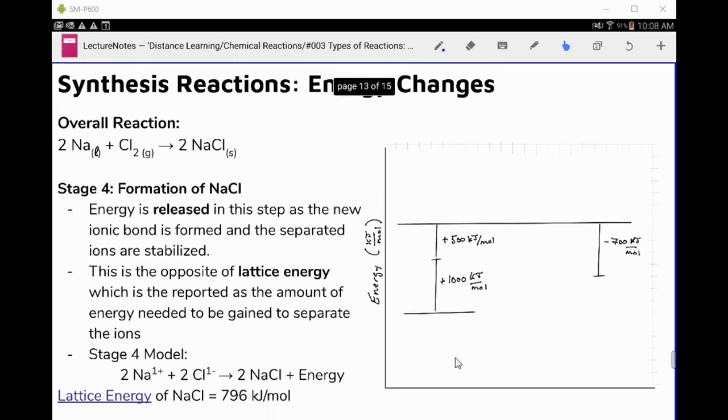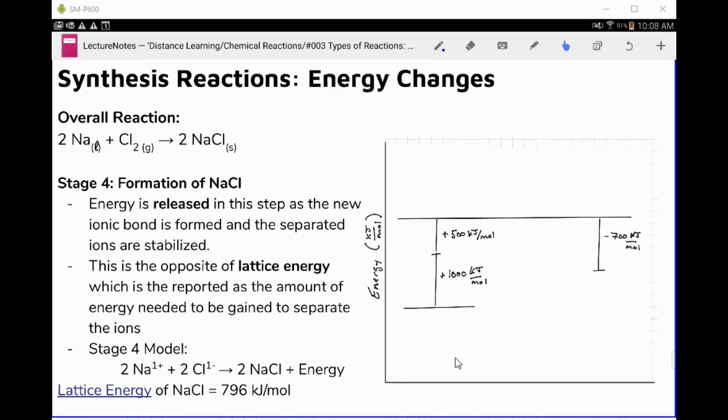Right? And so that's stage 4, is the actual formation of the crystal lattice. Now this is called the lattice energy for any different ionic compound. Lattice energy is defined as the amount of energy needed to separate the ions. So if I need, in this case, about 800 kilojoules per mole to separate them, then it would release that amount when they come together, right?